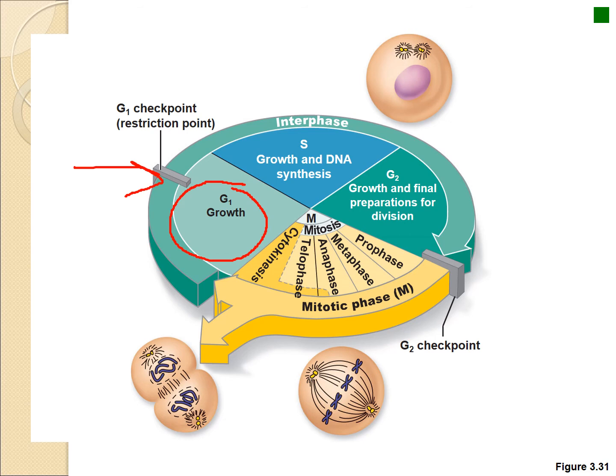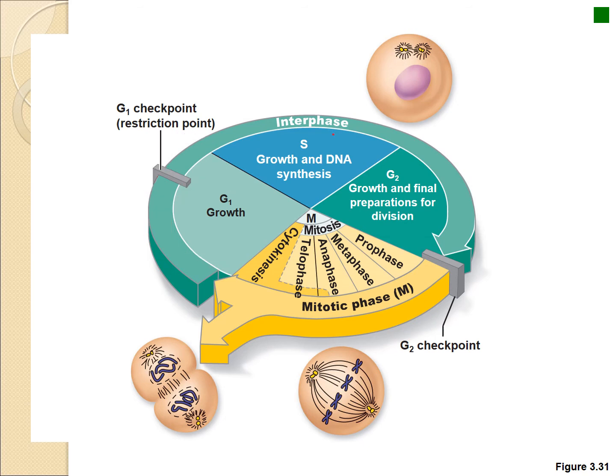The restriction point could also respond to a lack of nutrients. If the cell realizes there's not enough resources out there to make a duplicate cell, that might stop this whole process right here. So that's just called the checkpoint. And we find that there are other checkpoints too, and ones that are not even included here during mitosis, at least in this case.